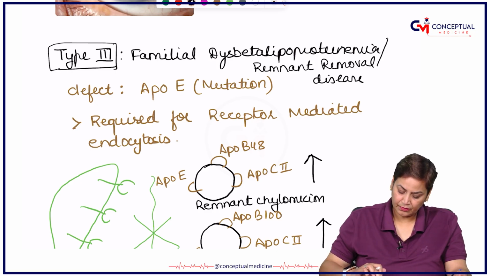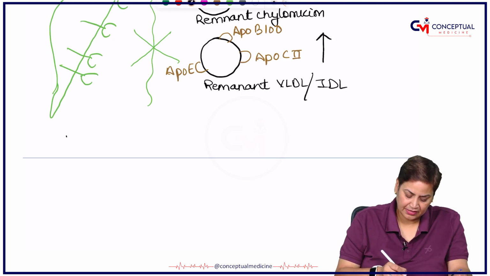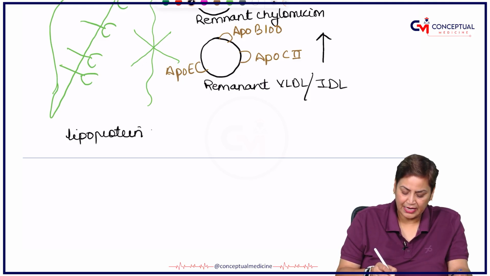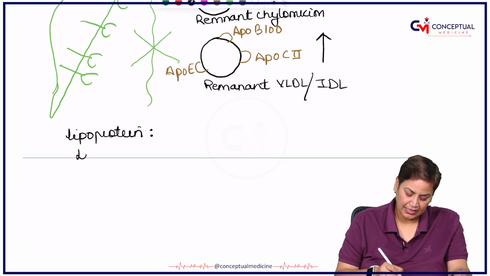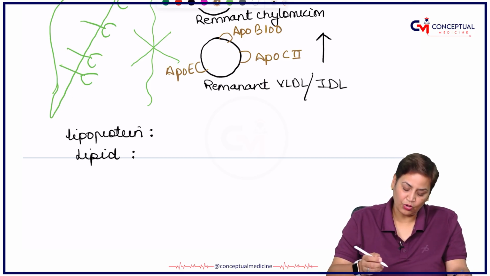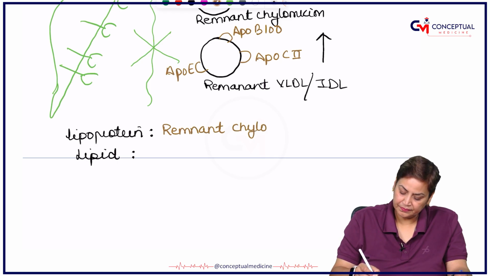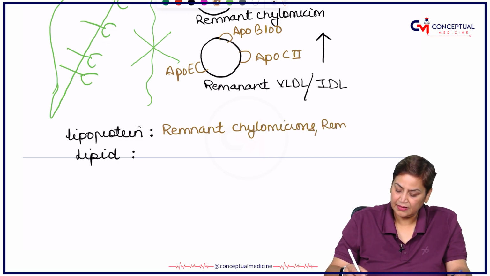Right? So again, we will come to that thing, the lipoprotein which will be elevated here, and the lipid which will be elevated here. Lipoprotein will automatically be remnant chylomicrons and remnant VLDL.